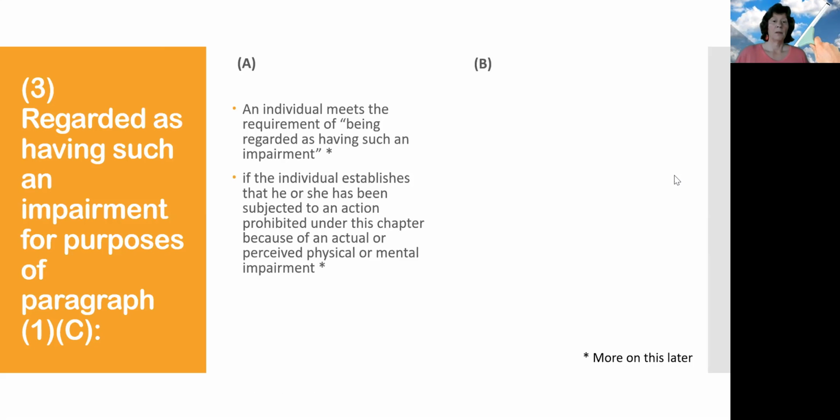Now, what does it mean to be regarded as having such an impairment for purposes of paragraph 1C? Let's look at it. An individual meets the requirement of being regarded as having such an impairment, and when you see a little asterisk, it means I'm going to go back on that subject, if the individual establishes that he or she has been subjected to an action prohibited under this chapter because of an actual or perceived physical or mental impairment, whether or not the impairment limits or is perceived to limit a major life activity.